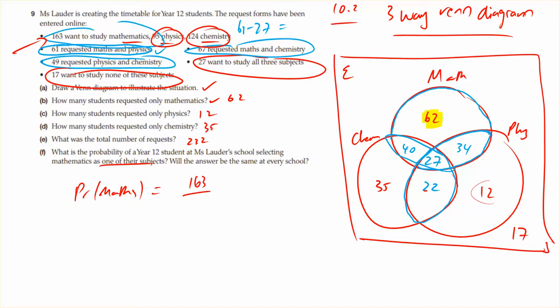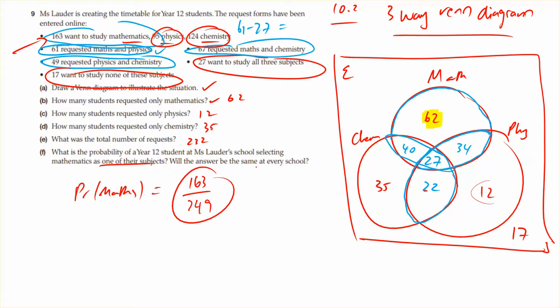So what's our total? I need to work out our total. So 62 plus 40 plus 27 plus 34 plus 35 plus 22 plus 12 plus 17. We have to add the outside 17. 249. So 163 divided by 249. That doesn't simplify, so that's the probability.